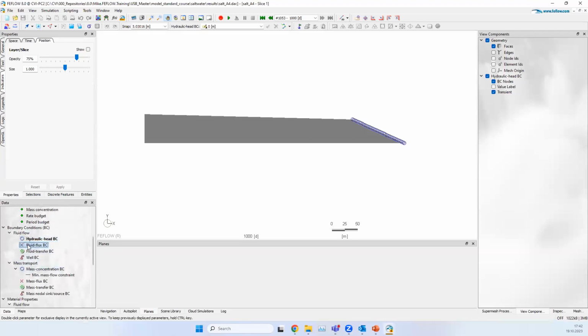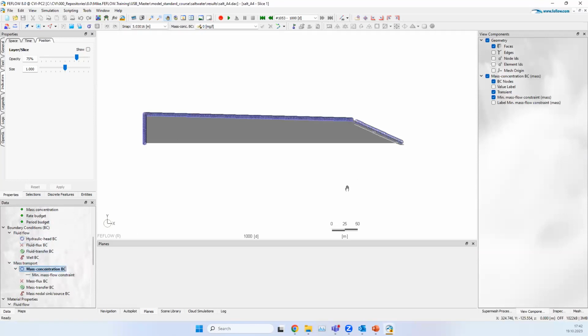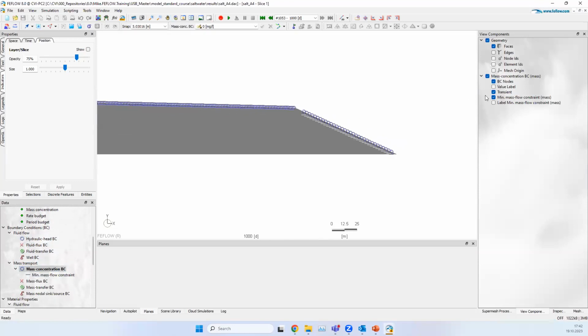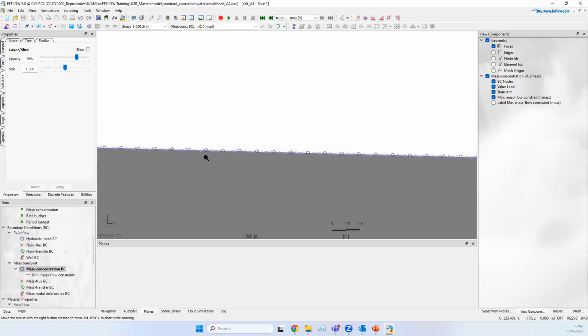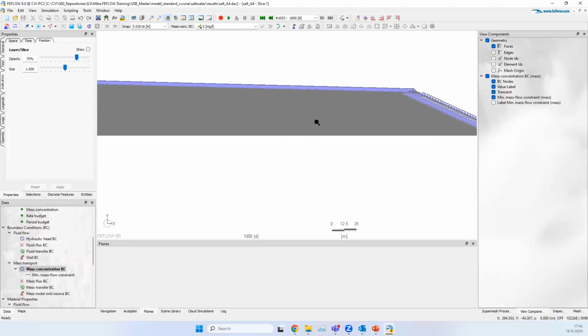Then there is also a recharge on top, fresh water on the left, and concentration being fixed: salt water with a value of 35,000 milligrams per liter, and on the top fresh water with 0 milligrams per liter.